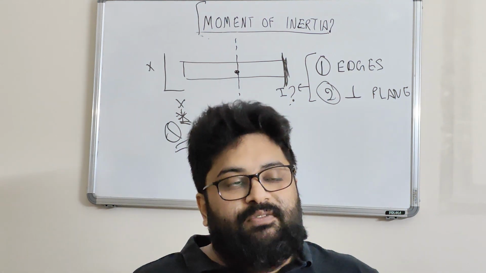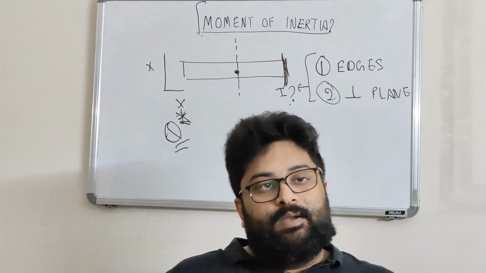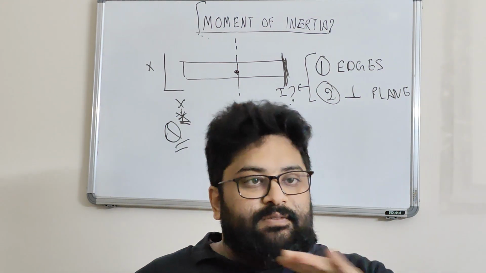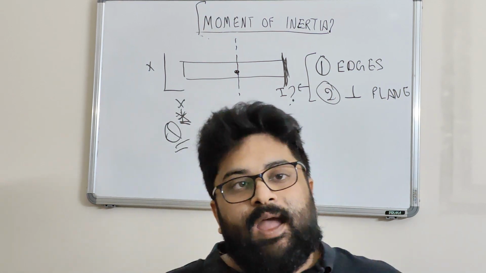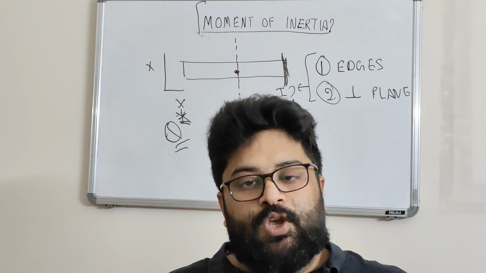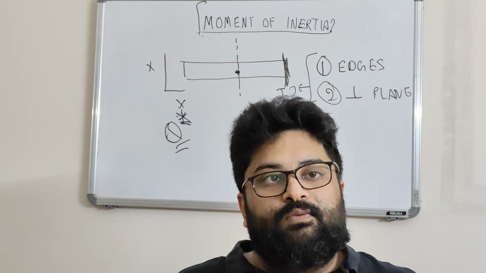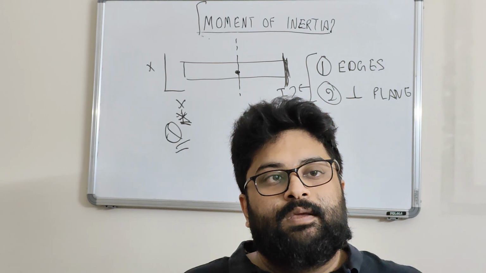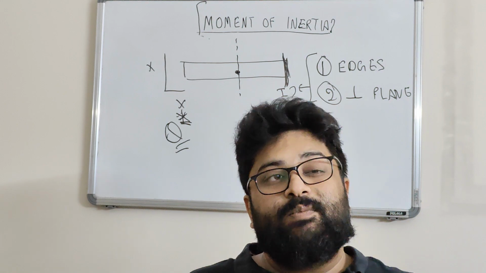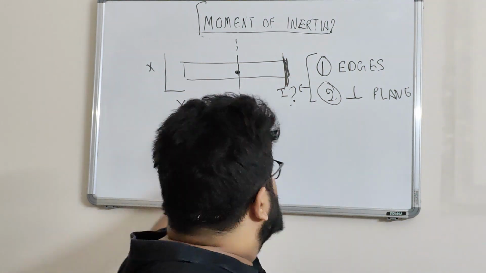So if a body is rolling on a level surface, imagine it's rolling, there is no incline, and the kinetic energy of rotation is equal to the kinetic energy of the linear motion, what will that body be? Don't think about friction here, and there can be more than one answer. All right, keep your answers in the comments, post them.